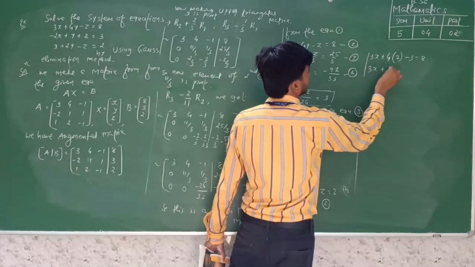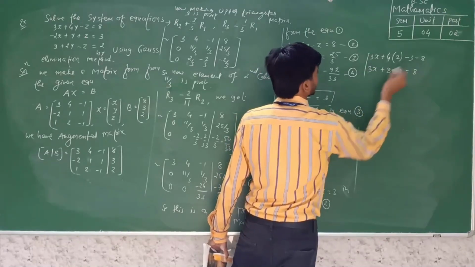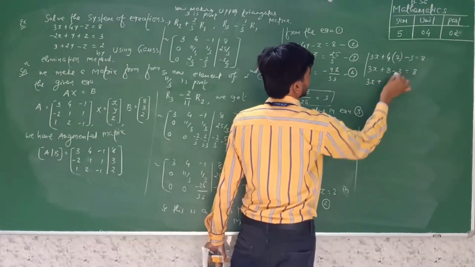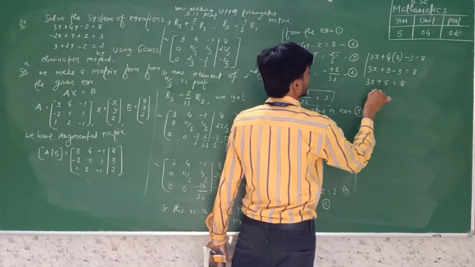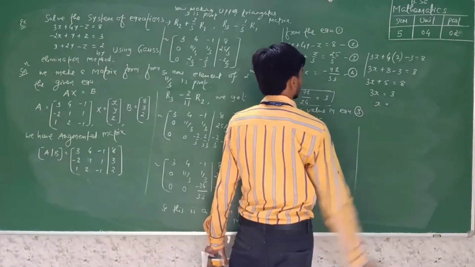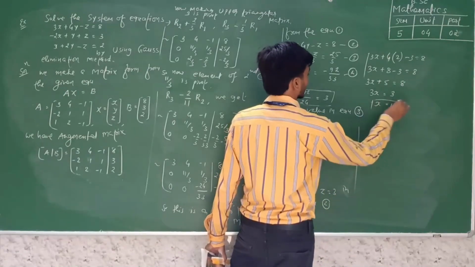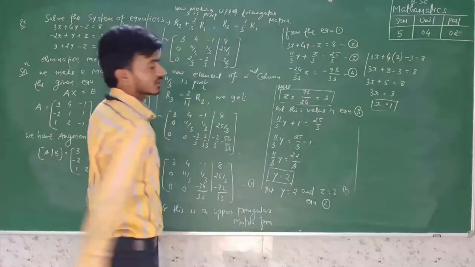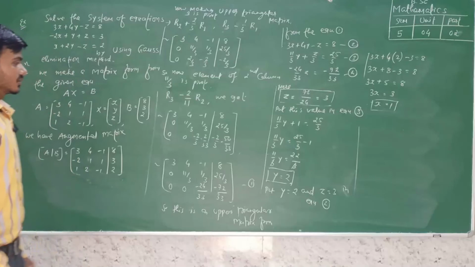So 3x plus 8 minus 3, that means 5, is equal to 8. 3x is equal to 8 minus 5, so 3x is equal to 3, and x is equal to 1. So x is equal to 1, y is equal to 2 and z is equal to 3.